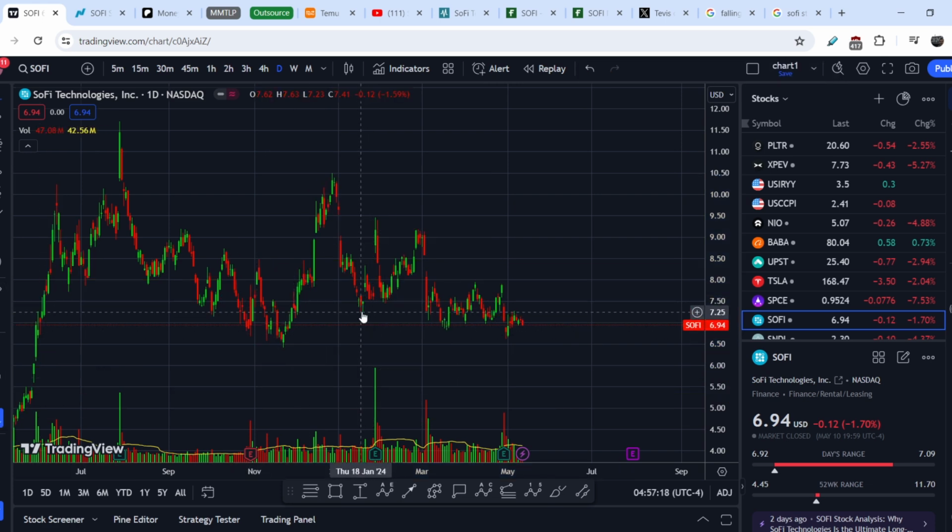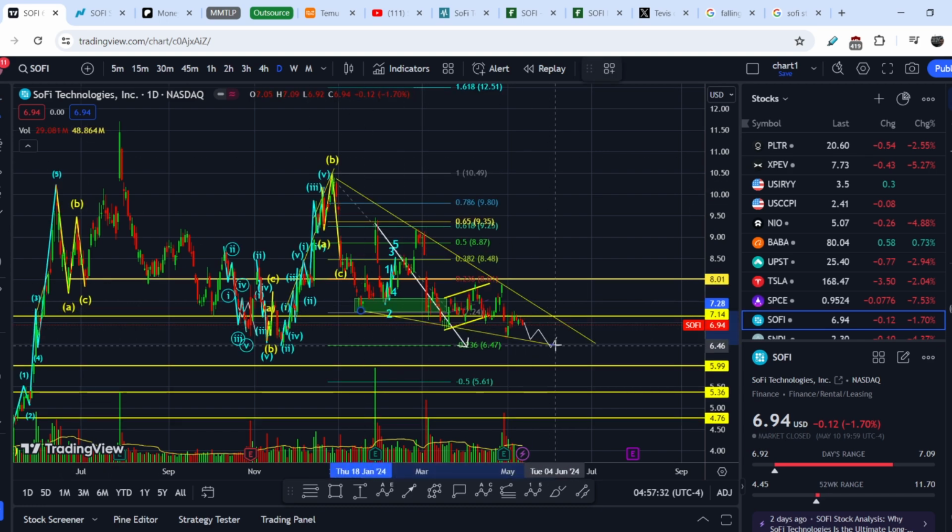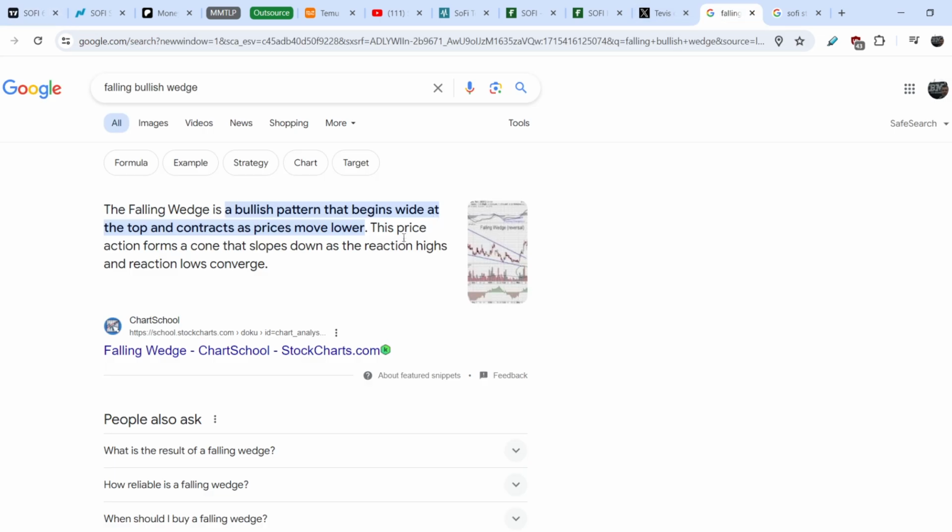If you connect this bottom on January 18th of this year, this bottom on March 18th, and this bottom on May the 1st, you can see that it is again the range of support. We can connect all these bottoms. And what does it look like? It looks like the falling bullish wedge.